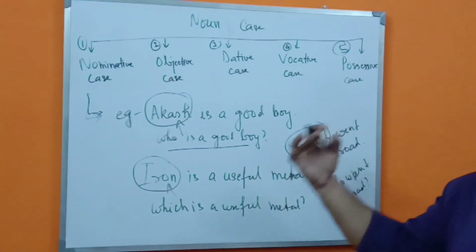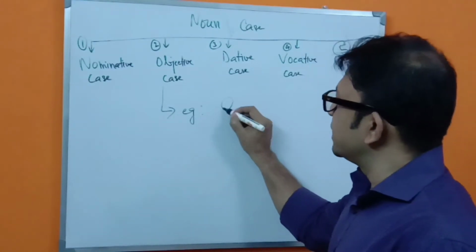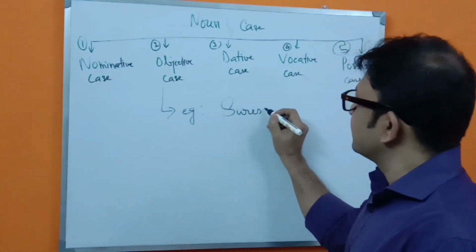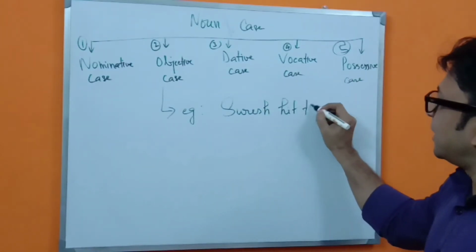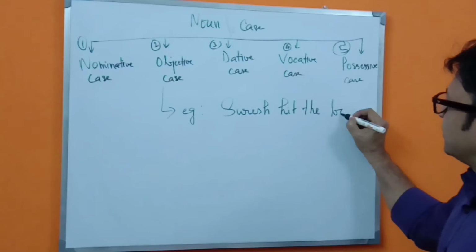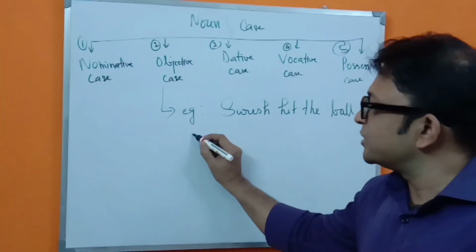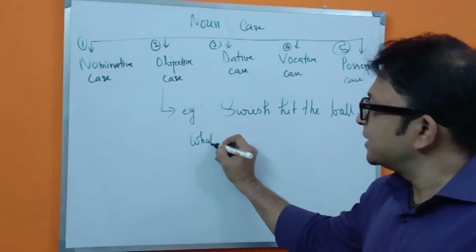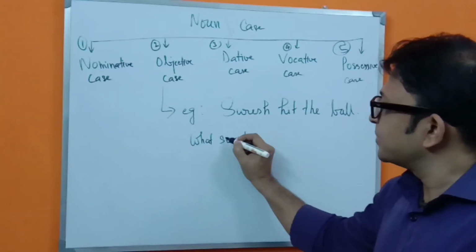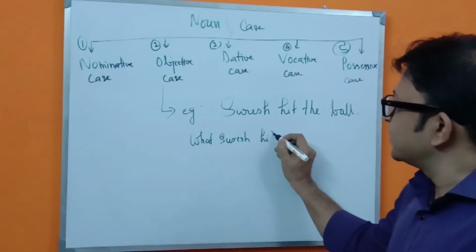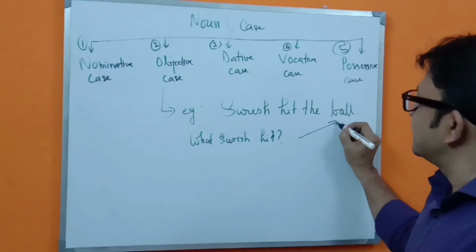Now, what is objective? Example of objective case, like Suresh hit the ball. So here, if you question the sentence, what did Suresh hit, you are getting the answer the ball.